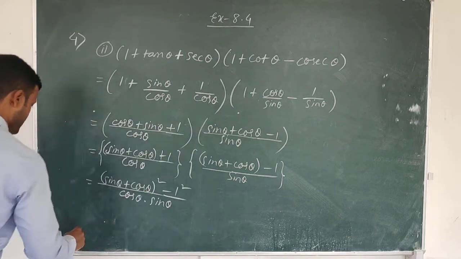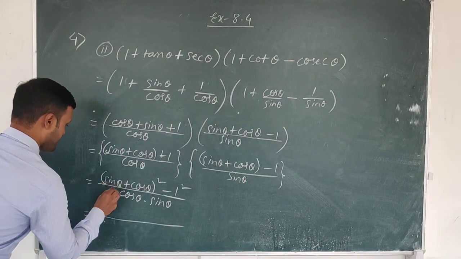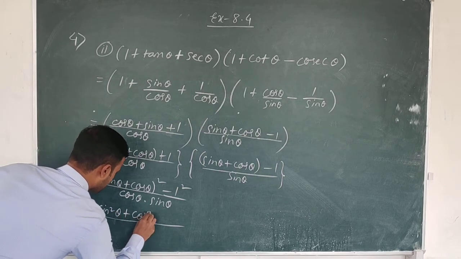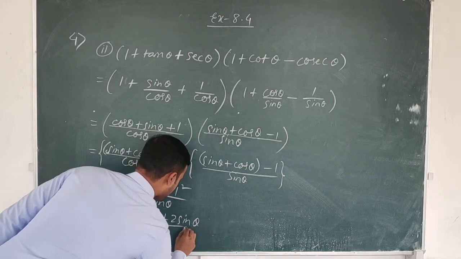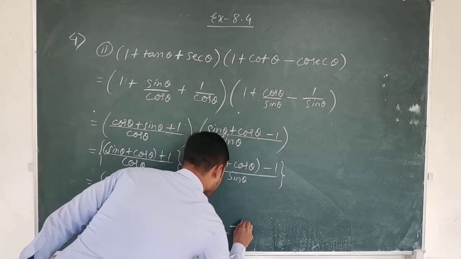So here friends, what we will do is that a plus b whole square, so this will be a square plus b square, that means sin square theta plus cos square theta plus 2 sin theta cos theta minus 1.